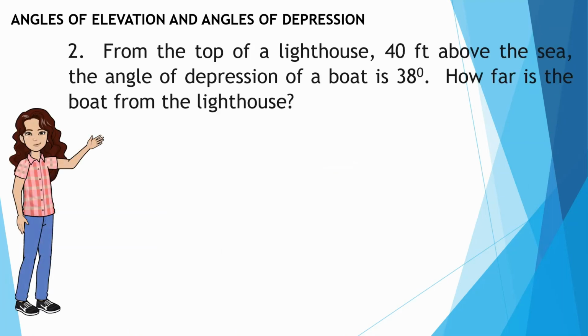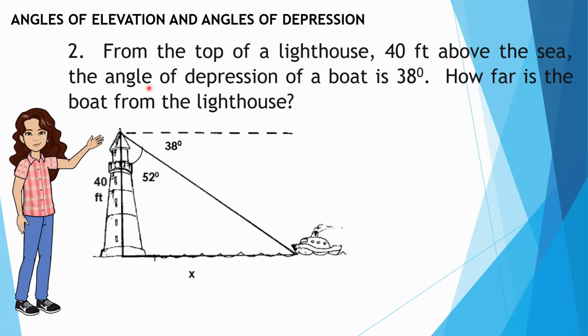Our second example. From the top of a lighthouse, 40 feet above the sea, the angle of depression of a boat is 38 degrees. How far is the boat from the lighthouse? Let us look at the figure first. This is the lighthouse, the top of the lighthouse, 40 feet above the sea.